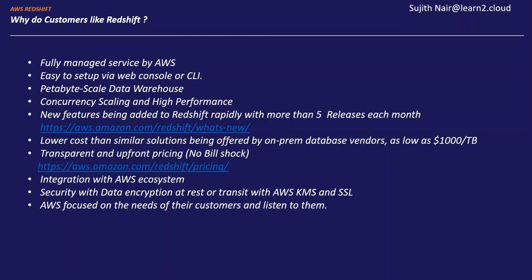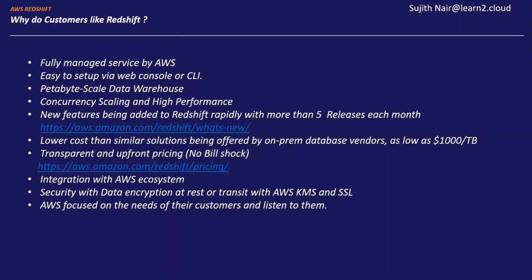Lower cost than similar solutions being offered by on-prem data vendors, as low as 1,000 dollars per terabyte. So this basically shows the price point that you can get Redshift for. If I can get 1 terabyte for $1,000, and let us say I have a 10 terabyte data warehouse, which is quite a reasonable size, I would be spending approximately $10,000, which is an extremely low cost for a data warehouse.